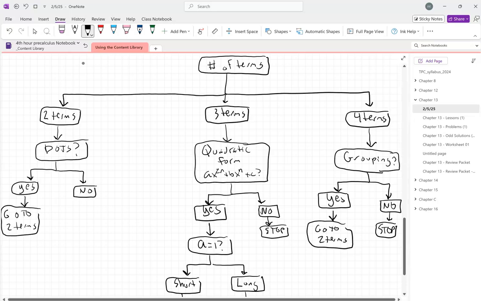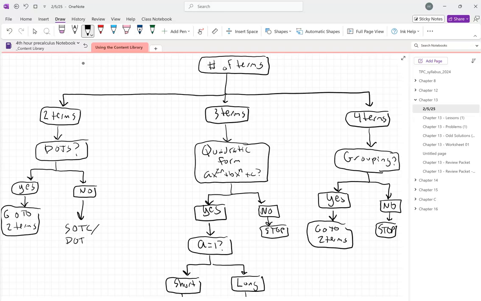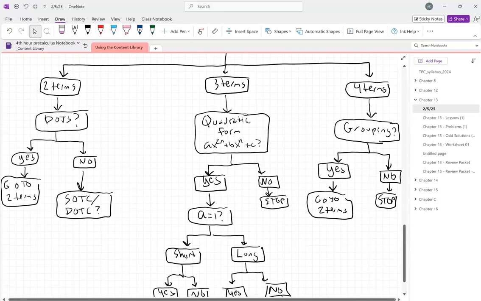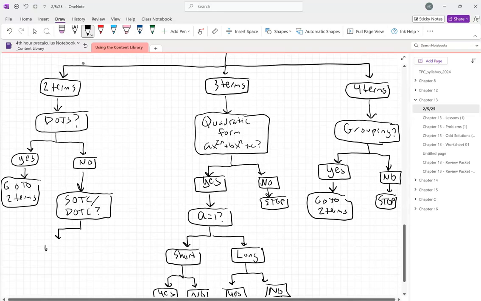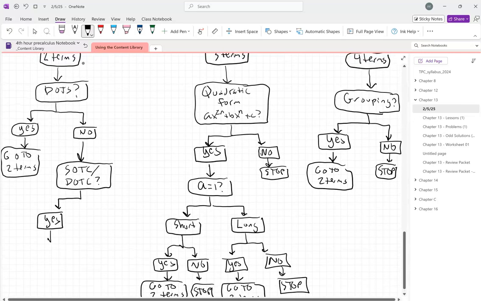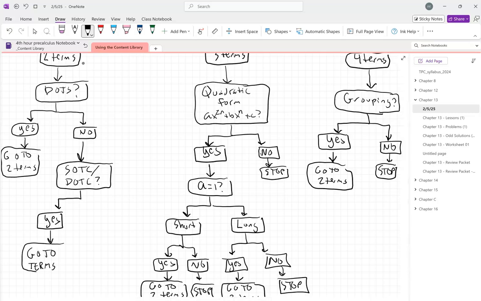If it's not, then we're going to check, is it a sum or difference of 2 cubes? If it's yes, then we have to check those factors down the 2-term branch. If it's not, then we can stop.